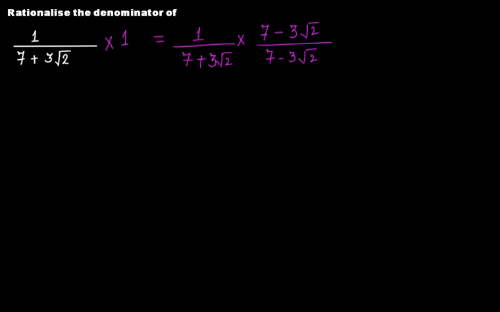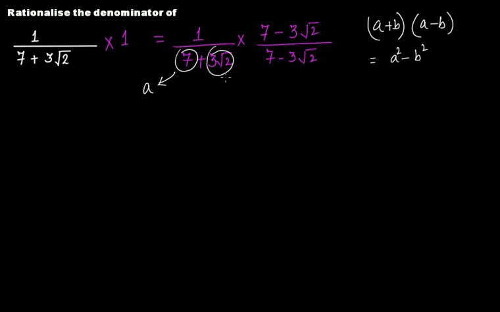Now, the denominator is of the form a plus b multiplied by a minus b, and therefore this is equal to a squared minus b squared, where 7 is a, 3 root 2 is b.